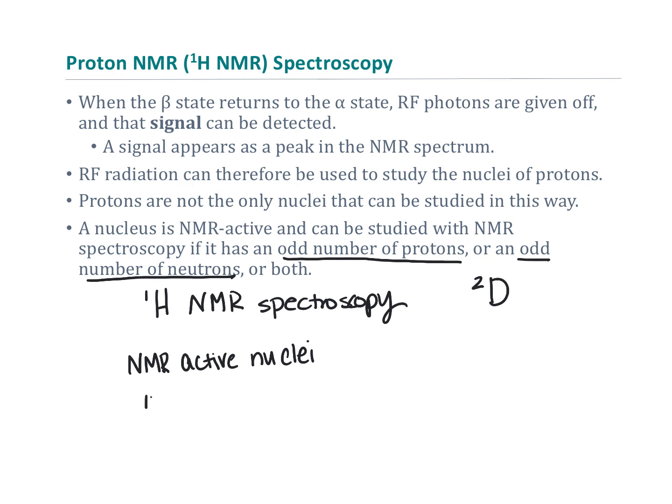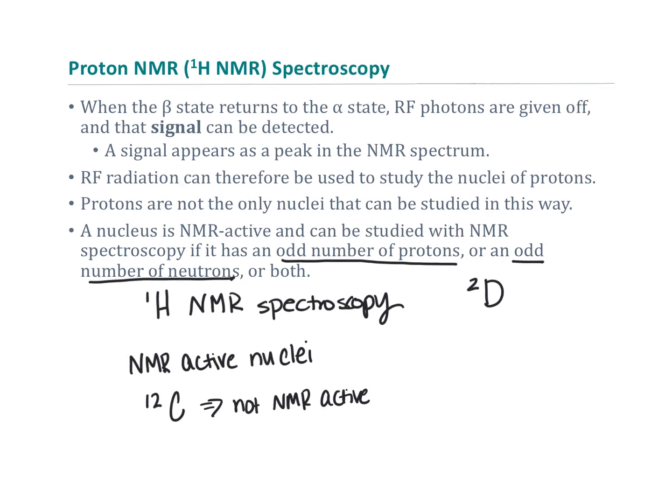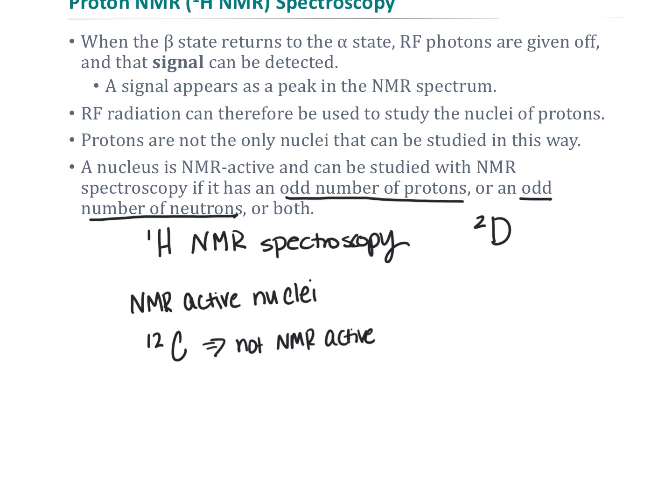But the carbon-12 nucleus has 6 protons and 6 neutrons, and is not NMR active. So we just can't study carbon-12 in organic molecules.